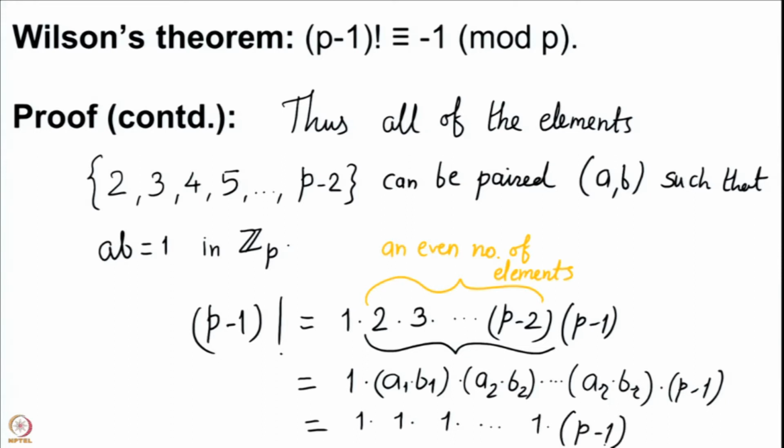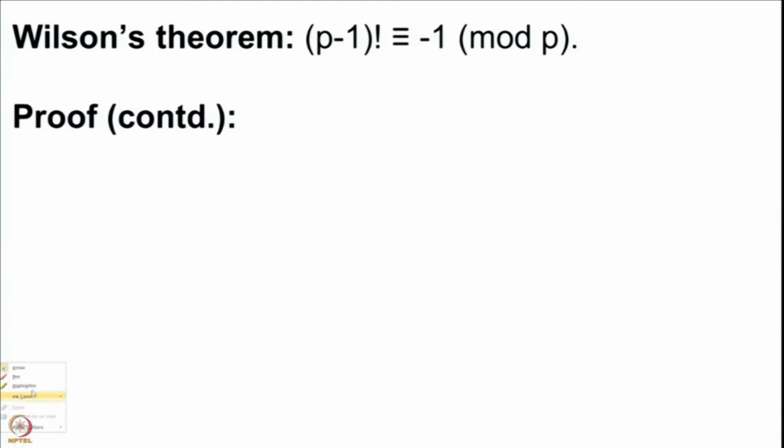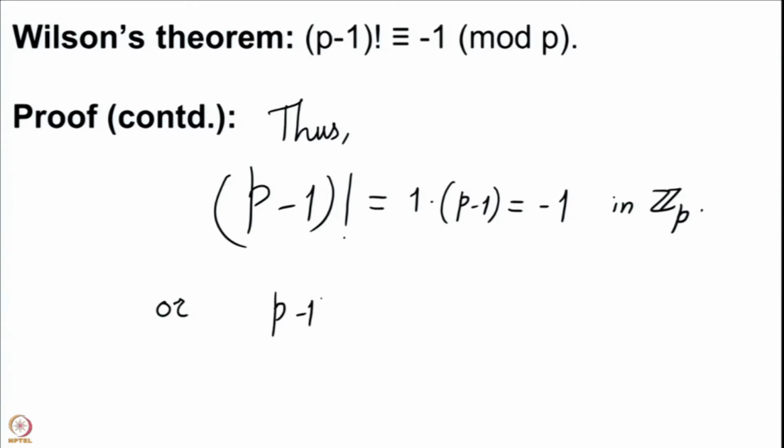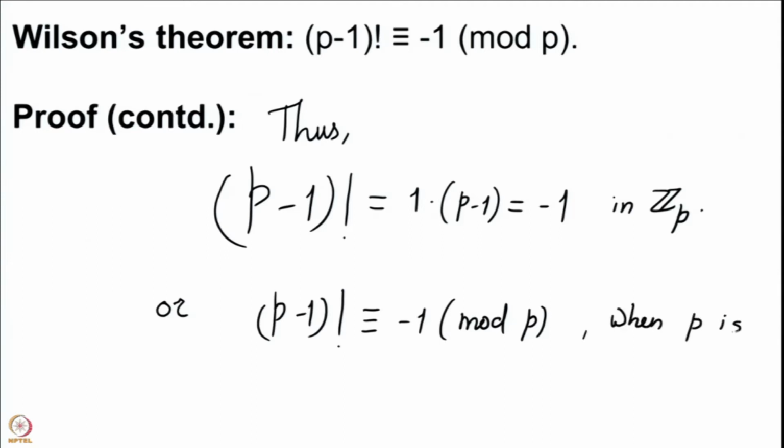Now, we are almost there. Thus, p minus 1 factorial equal to 1 into p minus 1, which is really minus 1 in the set Zp, or what we have is p minus 1 factorial is congruent to minus 1 mod p when p is an odd prime.